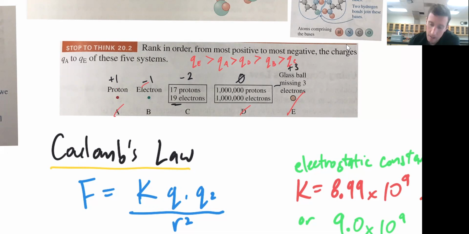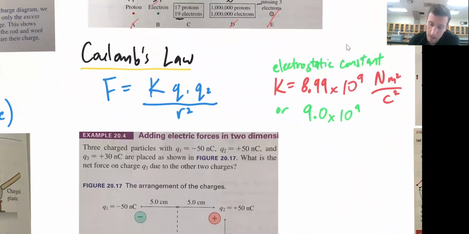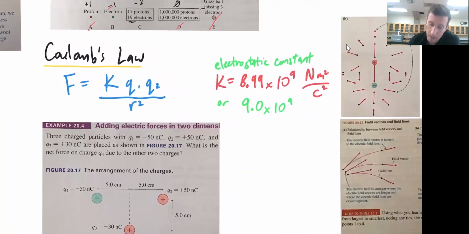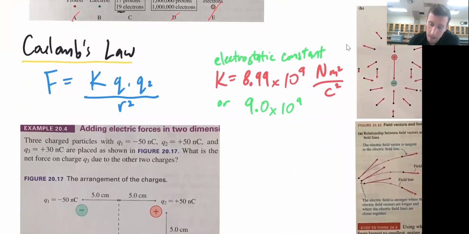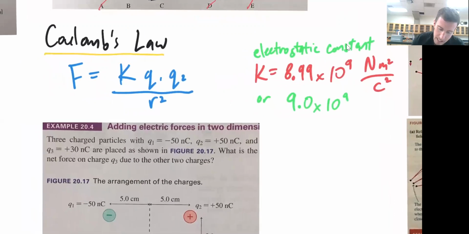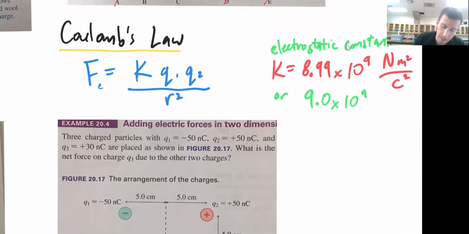All right, so let's talk about the relationship between charges. So we can find the force between charges using something called Coulomb's law. Coulomb's law states that the electric force between charges is equal to the electrostatic constant, K, times the first charge times the second charge divided by the distance between them squared.